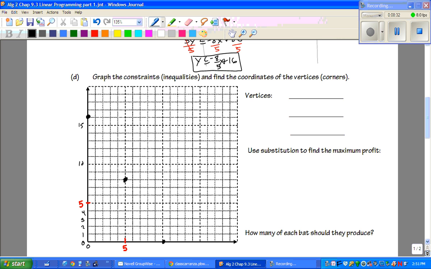And over 5. So there's your line. Okay? And it's less than, which means we have to shade everything below. Remember, you guys are using a pencil on this so you can make some erases later. All right?